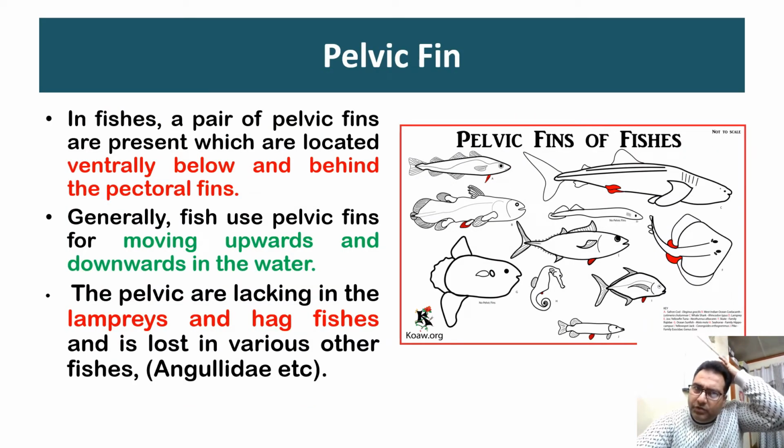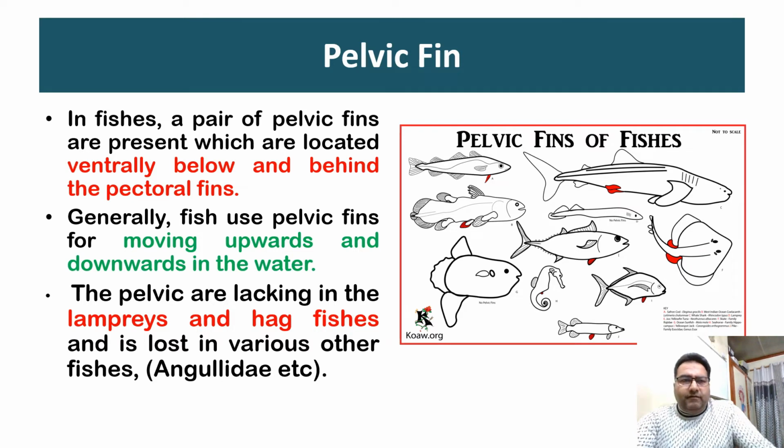Then we have the different kinds of modifications, or different types, of the pelvic fins based on their position. In fishes, a pair of pelvic fins is present, located ventrally, just below and behind the pectoral fins.